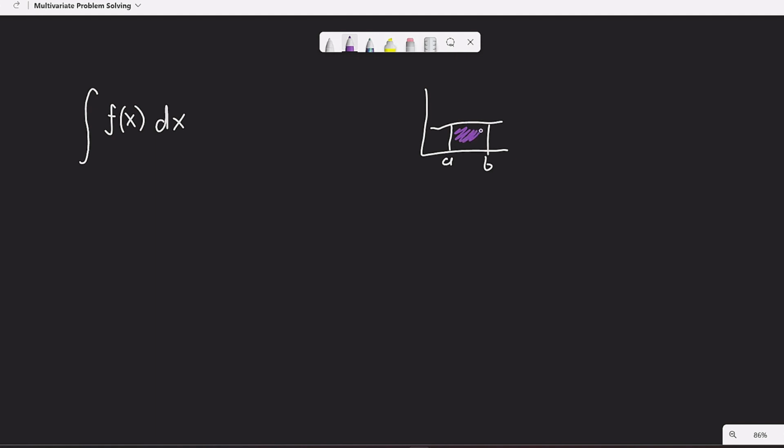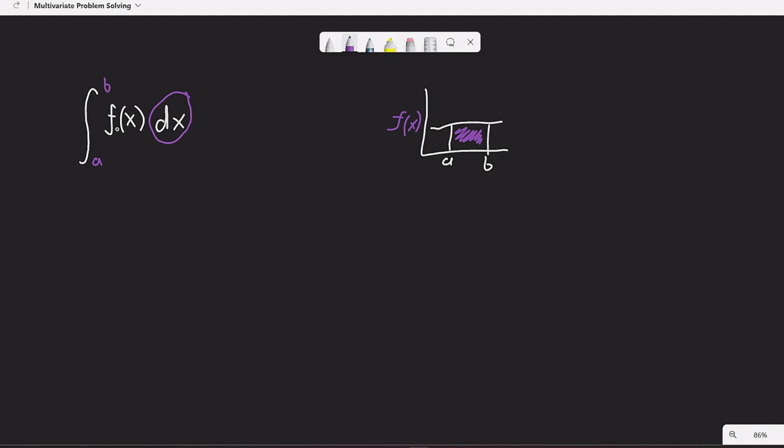These Riemann sums would be an infinite number of rectangles as the width of those rectangles reaches 0, which is represented by this dx. And we were doing that from A to B for the function f of x.